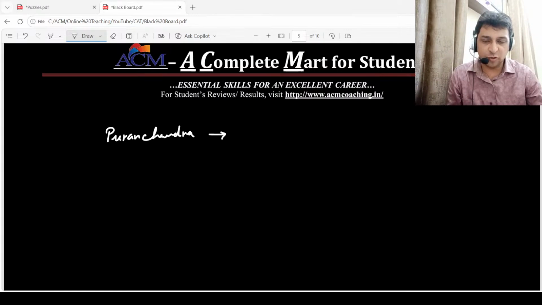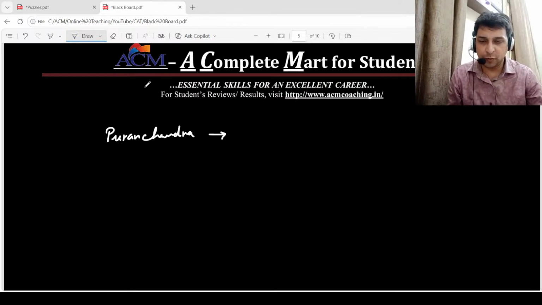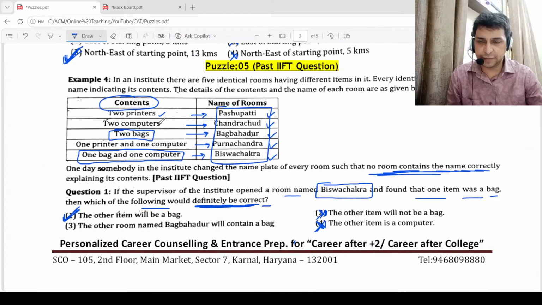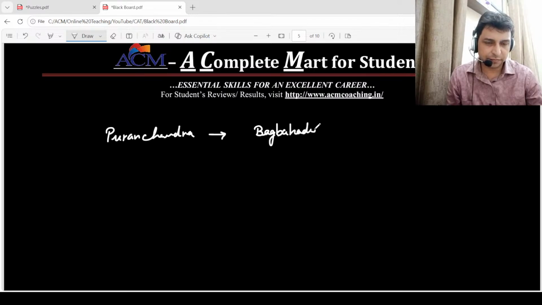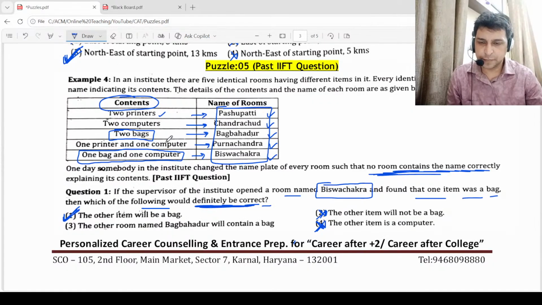So that means in any room, no printer, no computer. So which are those rooms? Printers and computers are in every room except Bag Bahadur. That means Bag Bahadur is actually the room, but the nameplate is Purna Chandra, right?